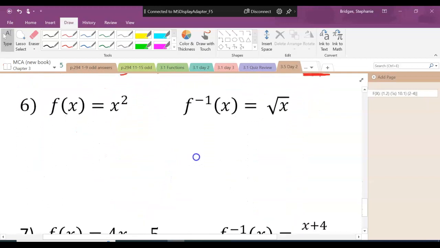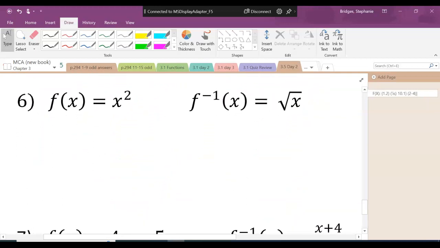All right, try 6. Give you a little bit less work to do. This is going to be like 25 through 29 odd. Again, it's going to tell you to graph. Don't worry about graphing.